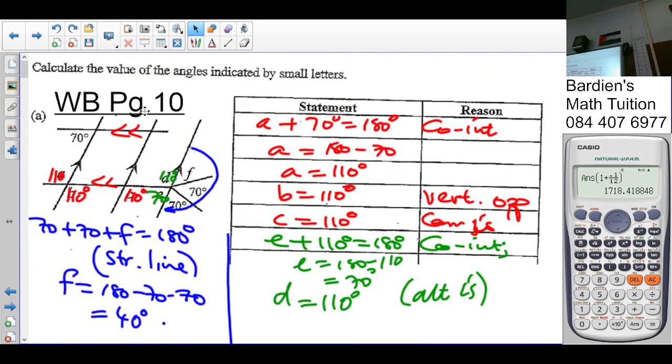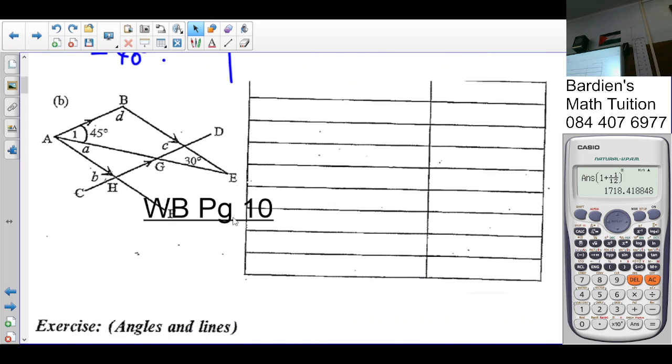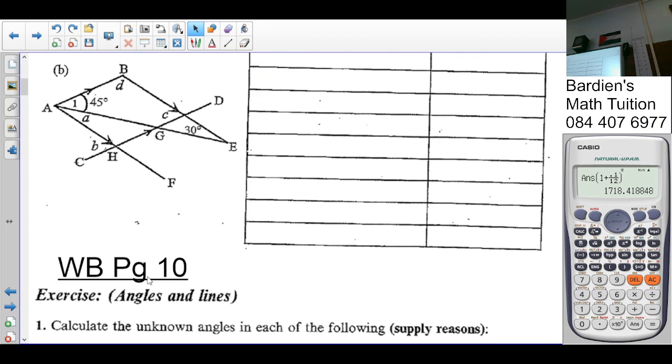So this is workbook, page 10. Okay, correct? Right. You find your workbook.